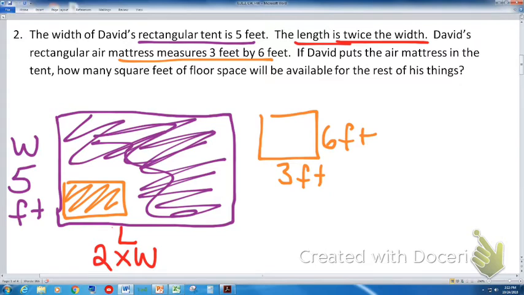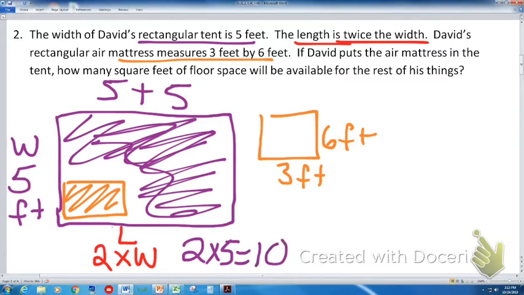Having 2 widths means we're going to have 5 plus 5, or 2 times 5, which equals 10. So our length is 10 feet.